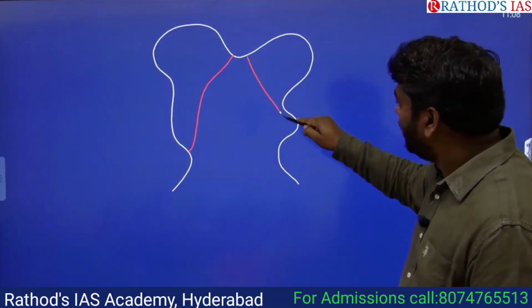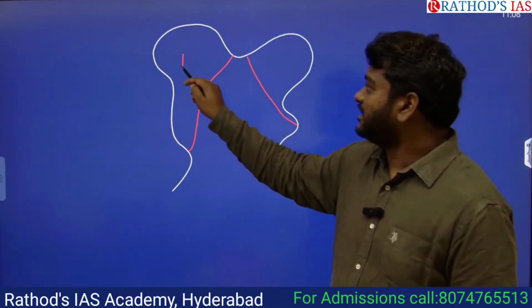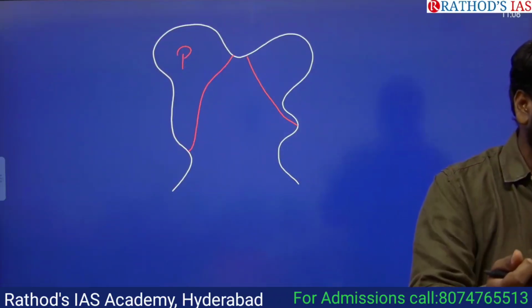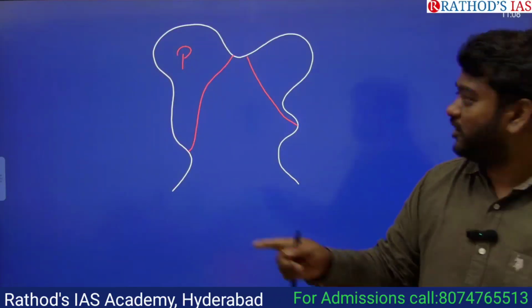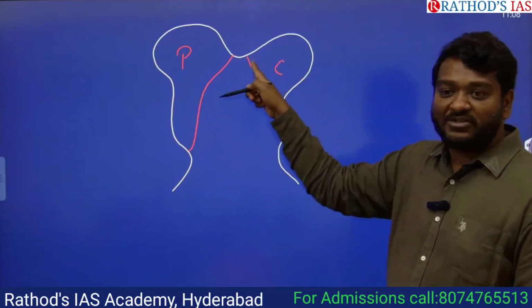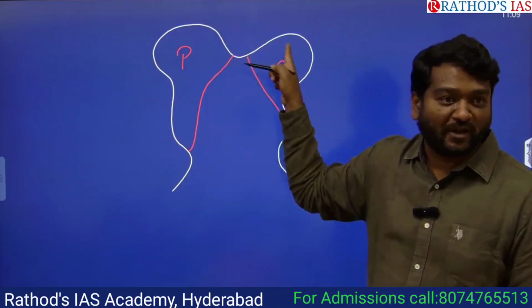China will tell, this is China. Correct? Pakistan will give a map to the United Nations, and in that map they will show this part. China will give a map which shows this part. India will show all are mine.